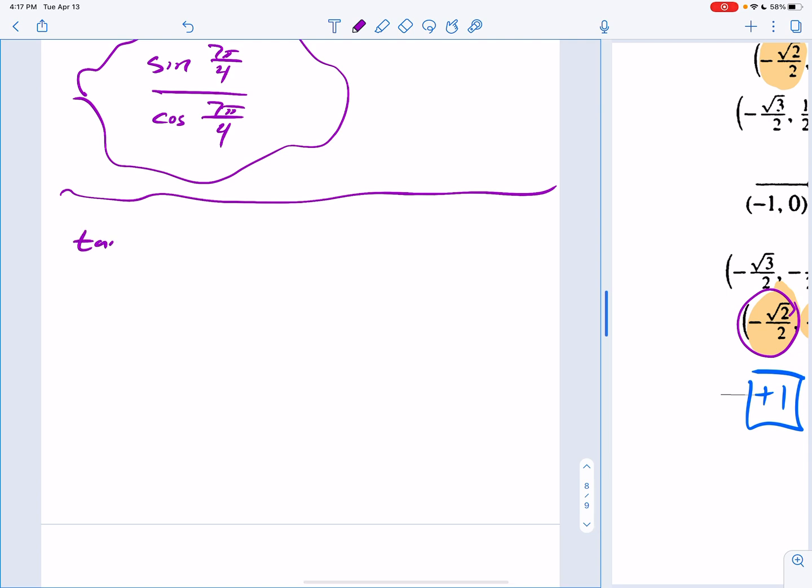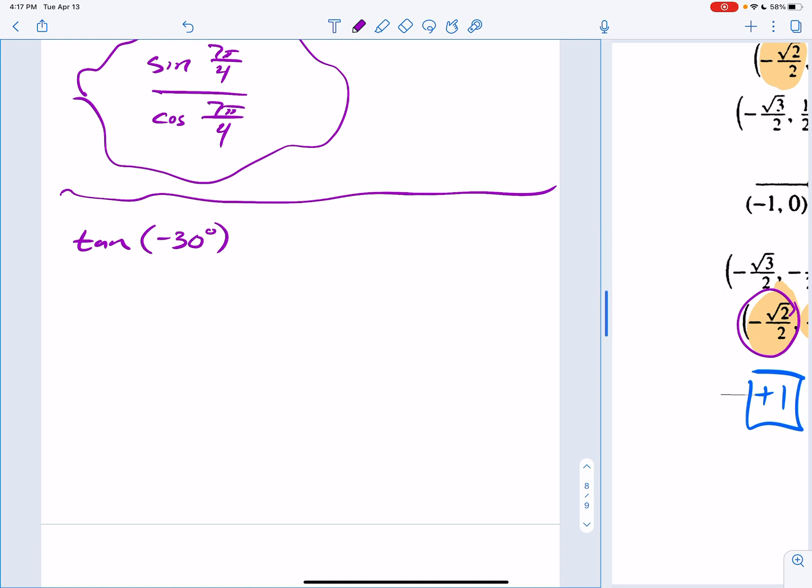Let's say I gave you the tangent of -30 degrees. All right, last example. This one's a little bit weird because, holy cow, we haven't had an angle that's negative.